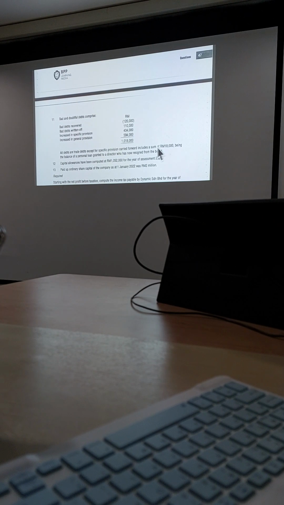No, the 18 is not related to trade. Not related to business, so it needs to be added back. This one must be trade, then it can be allowed. If related to trade, it is allowed. I didn't do anything, that's why only the 18 I take out. I add back only 18.